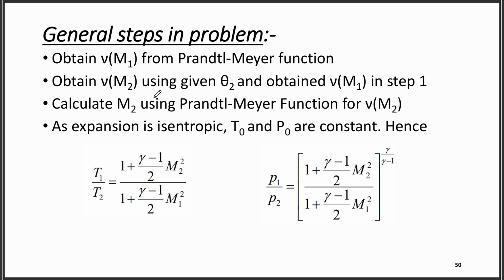So the general steps of solving the problem: first find nu(M1) from the Prandtl-Meyer function for Mach number M1. Then using theta and nu(M1), we find nu(M2). Then we can find M2 using the Prandtl-Meyer function for nu(M2). Then the rest of the properties can be found using the isentropic relations.